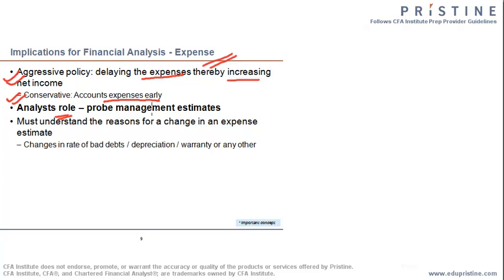An analyst's role is to probe these management estimations and try to find out whether the reason for a change in expenses is the actual economic behavior of a particular expense. For example, if the rate of bad debt is changing, is the collection actually changing? If the rate of depreciation is changing, is the nature of assets really changed? Or if the warranty expenditure is being changed, does the past performance of warranty expenditure really demand such a change?